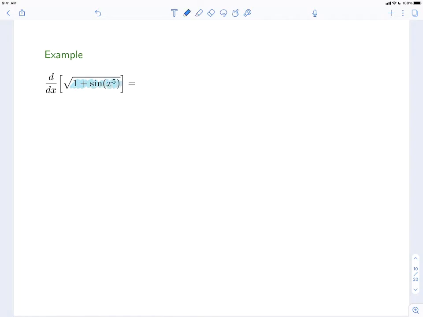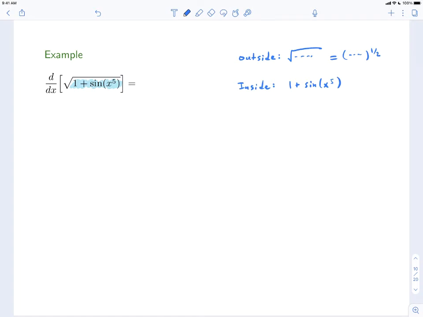So our outside function, or our outermost function if you want, is the square root of something, which of course we can write as something to the 1/2. And then our inside function is going to be the thing underneath the radical. So it's 1 plus sine of x to the 5.